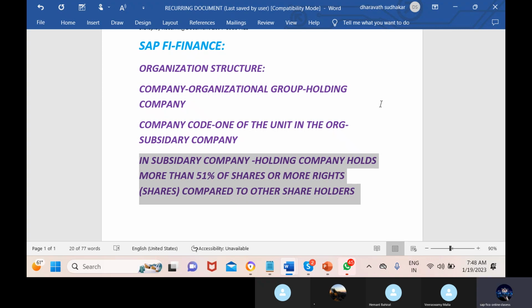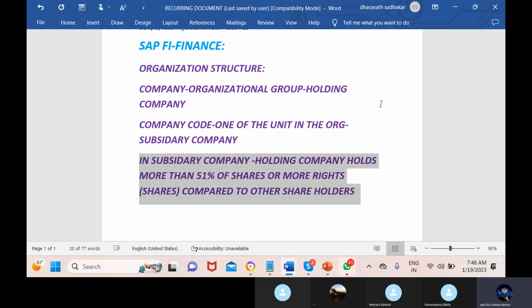This subsidiary company will prepare its profit and loss account and balance sheet. By knowing all these reports, the holding company knows how much it was performing, whether it was in bad debt or not, whether it was earning income or not.